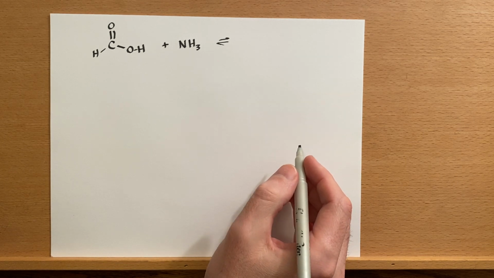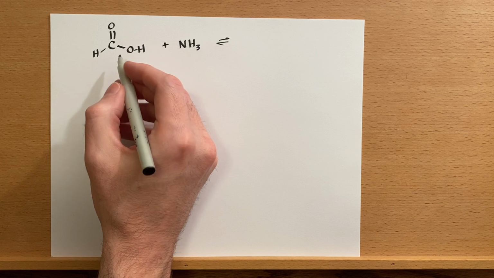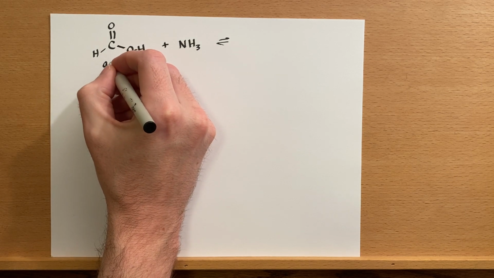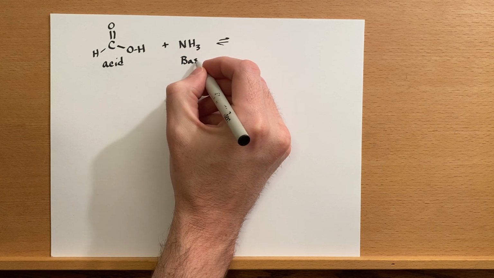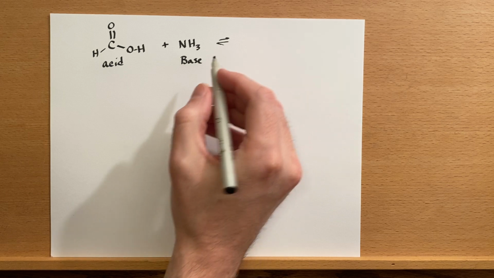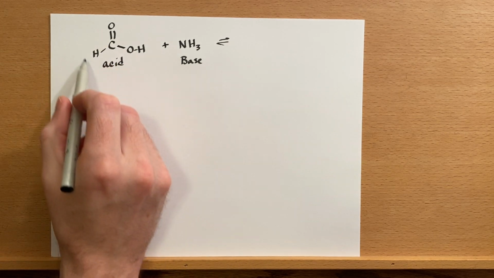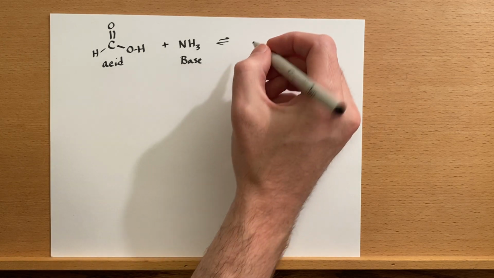And we'll have an equilibrium here. So here's our acid. Here's our base. And then what it will form is the conjugate base of formic acid, which is called formate.